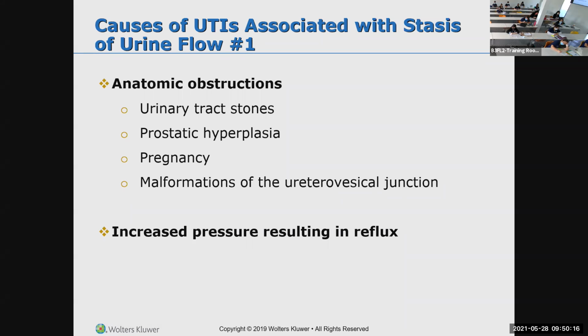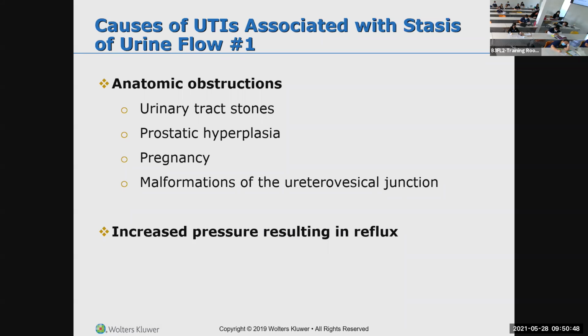Then, most common in a person who is age 60 and up, a history of enlarged prostate might lead to stasis, and that might lead to infection. Pregnancy also, late-term pregnancy, is predisposed to obstruction, and there may be some malformation of the ureterovesical junction.